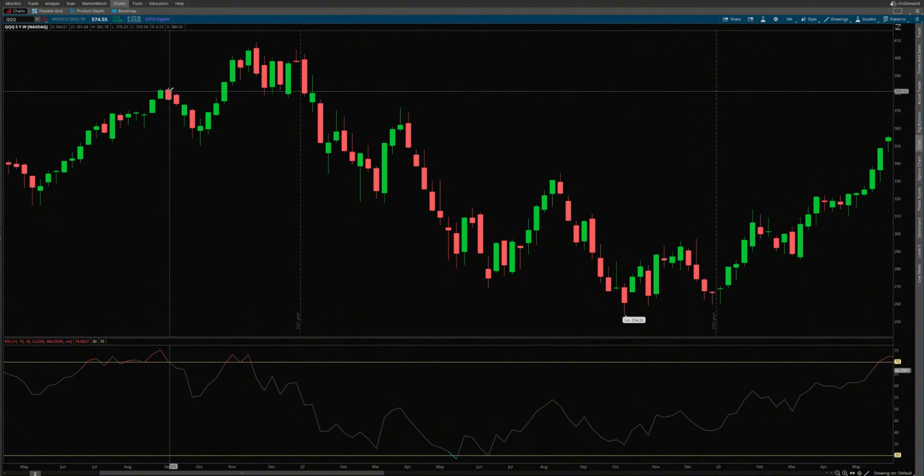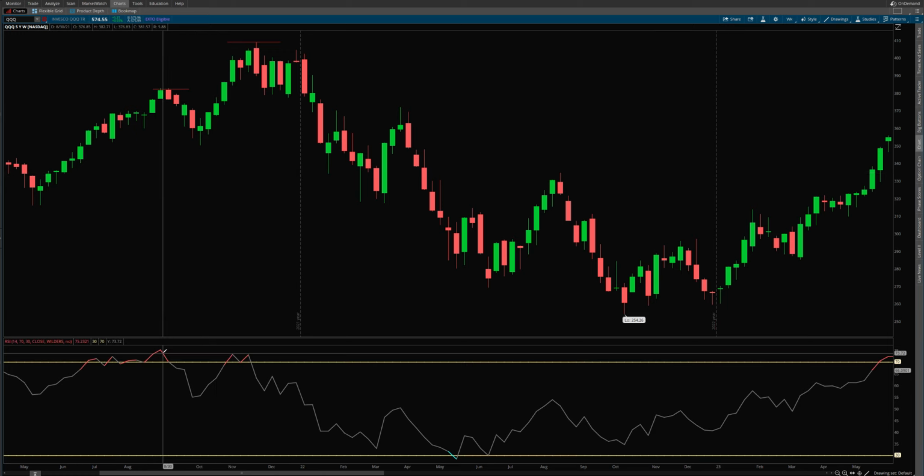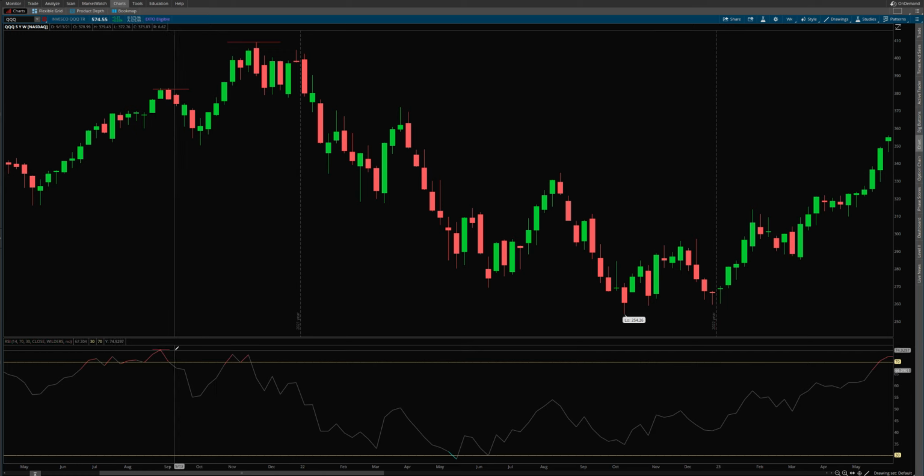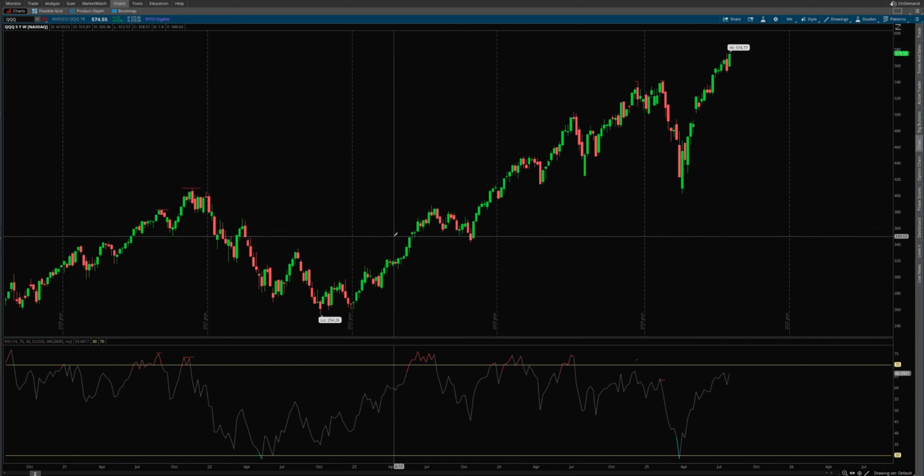In 2021, we were making higher highs, higher highs, higher highs. This was a good example here. Much higher highs, yet on the RSI we were seeing lower highs. Price was going higher while the relative strength was weakening. This is a textbook bearish divergence, and this played out fabulously.